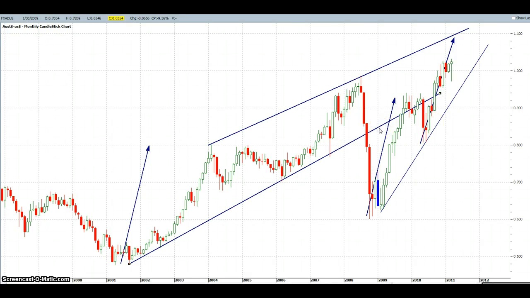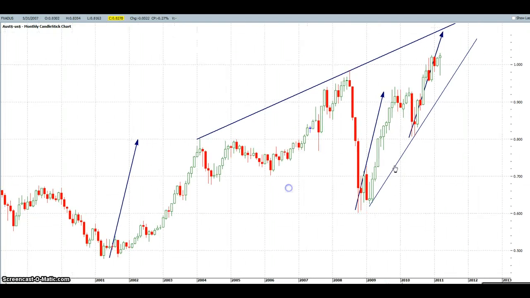If that was to play out, then certainly we could see a fall in the currency. What if it does break low, then obviously you can play out ranges to the downside. So that's the Aussie dollar, US dollar.